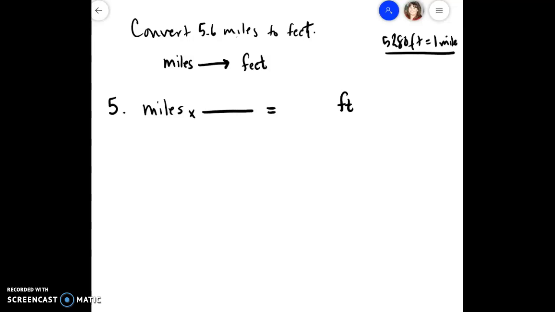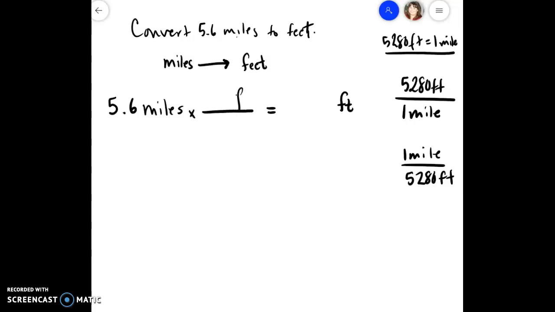So this problem says 5.6 miles. Again, I have to decide how to write my conversion factor. Should I write it like this, or like this? Because I want miles to cancel and feet to be left, I'm going to put feet up top and miles below.